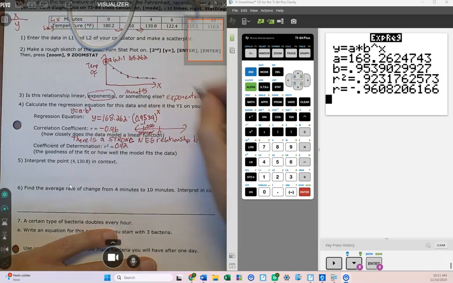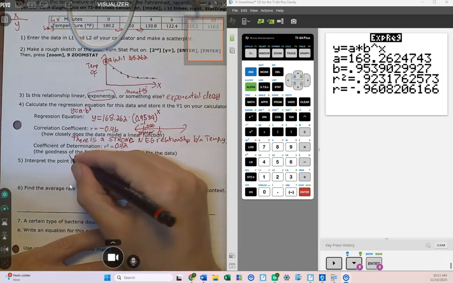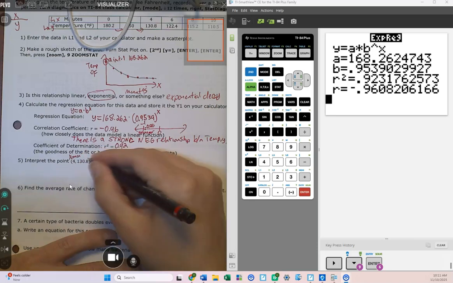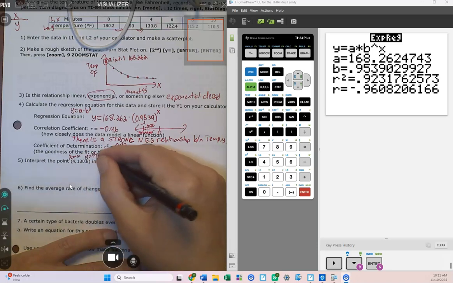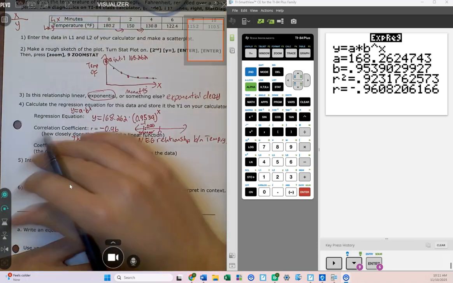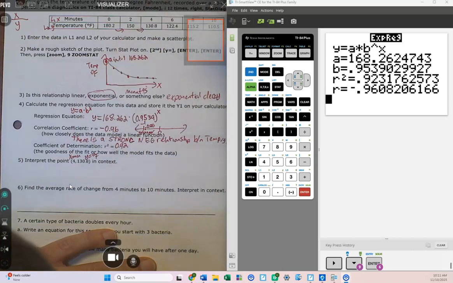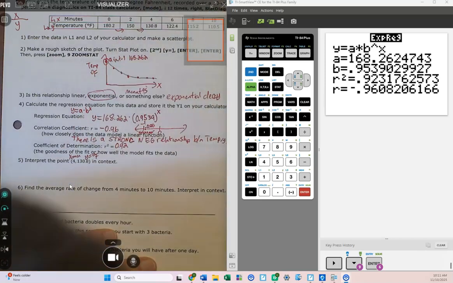Okay, so up here we said X was minutes, and we said Y was temperature of the food. It was taken off. So a hot cup of soup was taken off the counter.